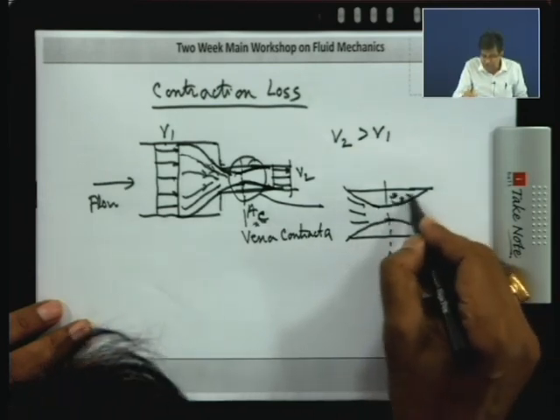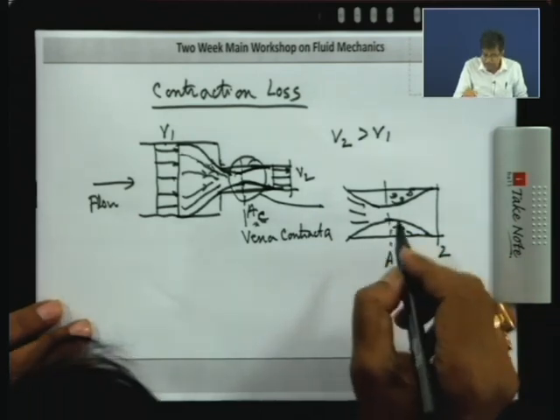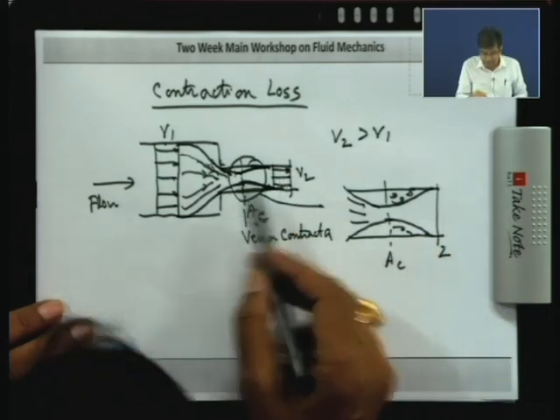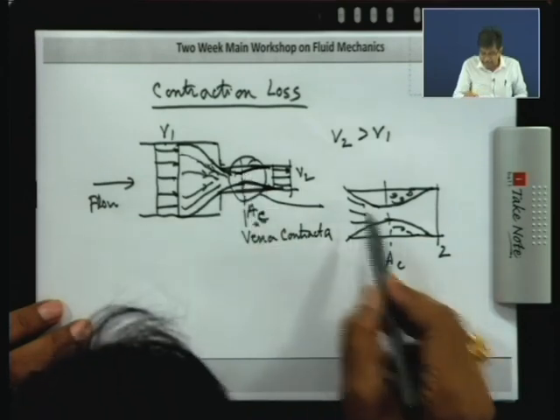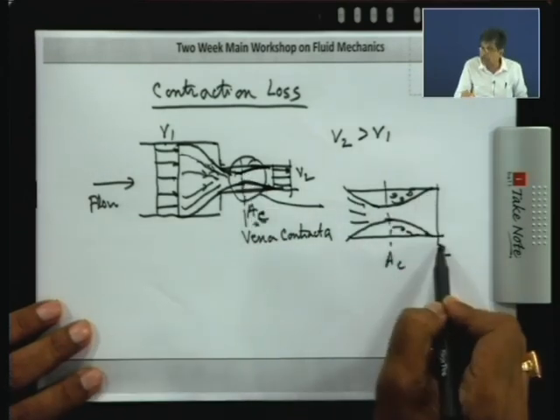So, here only separation takes place. Therefore, it is usually told that the loss of mechanical energy due to contraction is not due to contraction, but due to the expansion followed by the contraction.